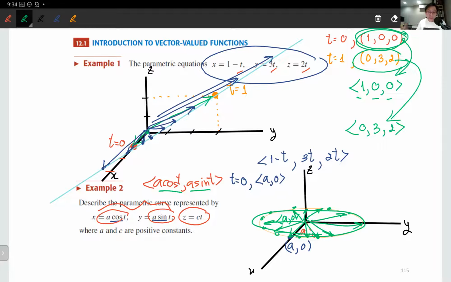All right. But now when you're considering the 3 components, I mean, it's a 3 space. So you have a cosine t, a sine t, ct. What does it mean? Now you add the z component to it. And what the z component does is lift the whole thing up.